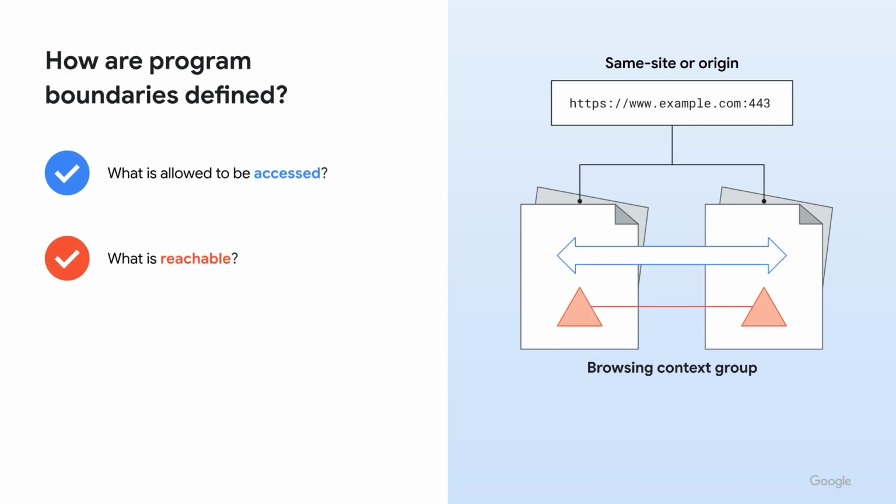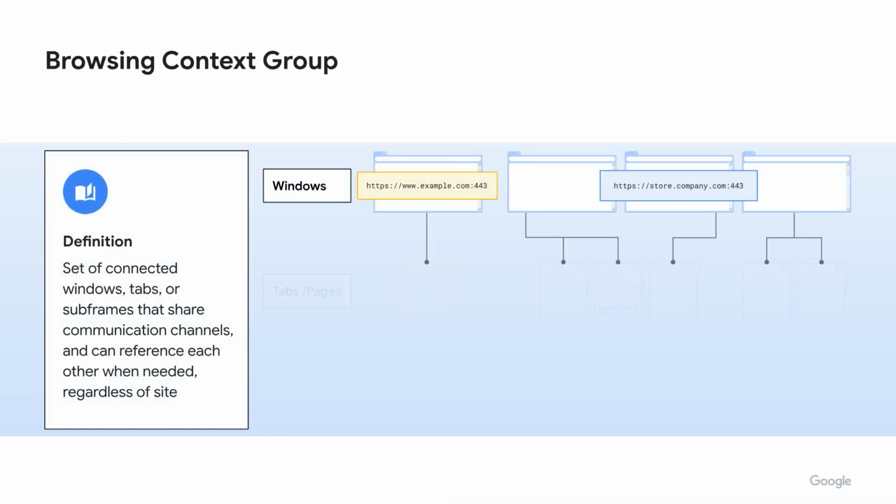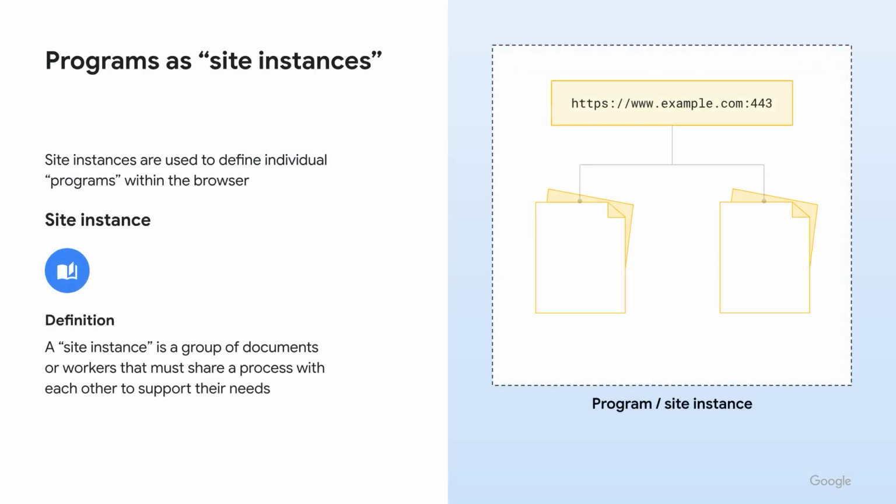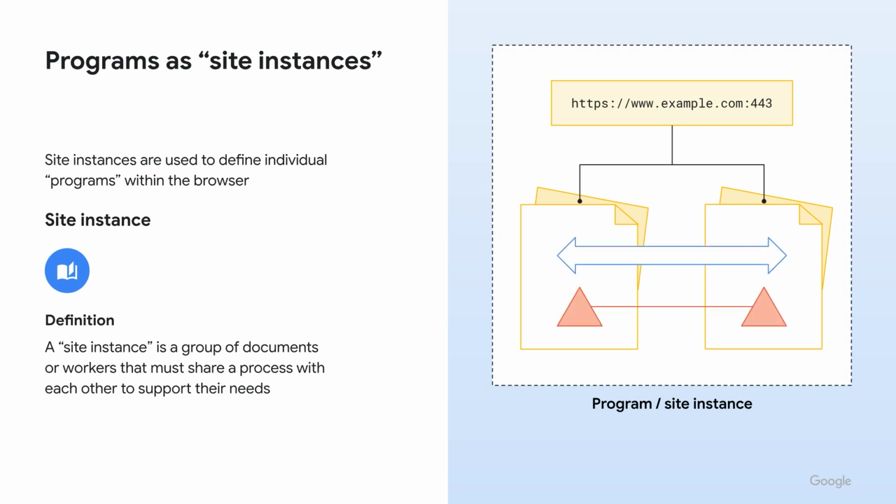Two documents only have access to each other if they come from the same site or origin because of the same origin policy, and they can only reach each other if they are part of the same browsing context group, such as subframes and pop-ups. Browsing context groups are a set of connected windows, tabs, or subframes that share communication channels. They're connected regardless of site and can reference each other when needed. Two documents that are allowed to access each other and can reach each other are part of the same program.